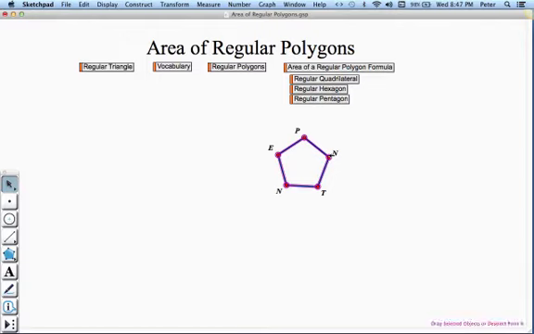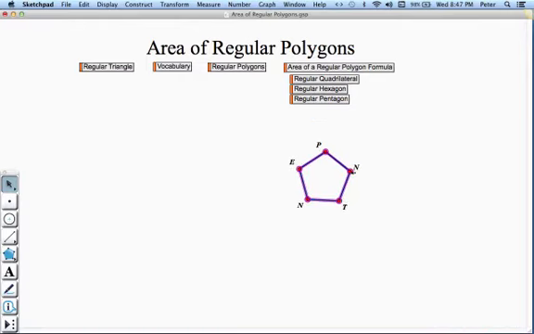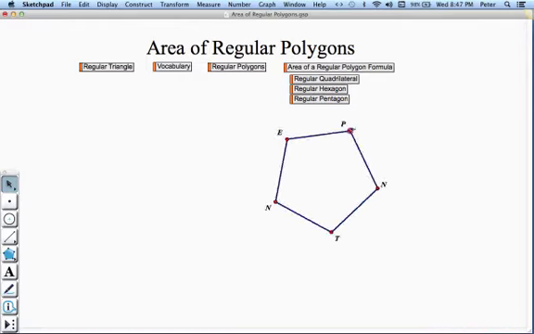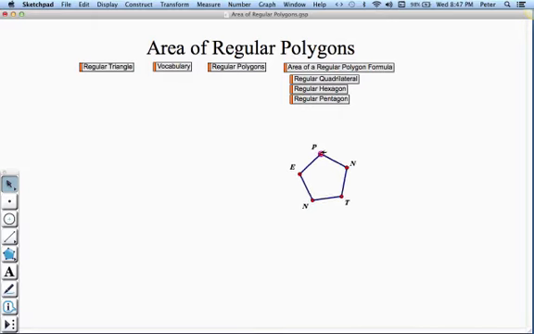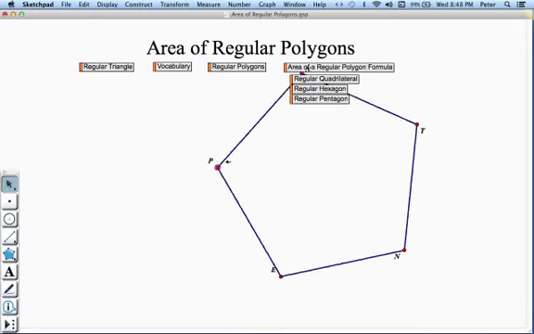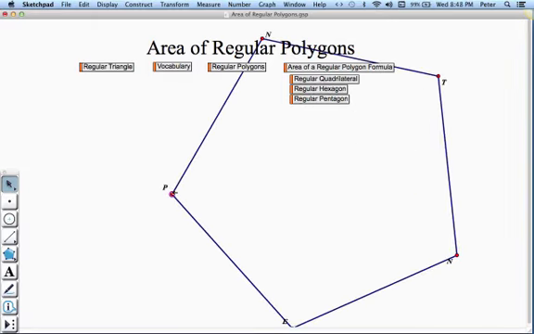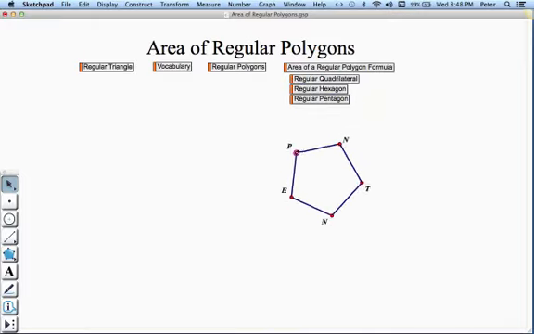A regular pentagon is going to have 5 congruent sides, 5 congruent angles. Now, we can increase the size of a regular pentagon or a regular hexagon, and no matter what, all the sides will stay congruent, all the angles will be congruent. The ratio between the sides will always be 1 to 1.